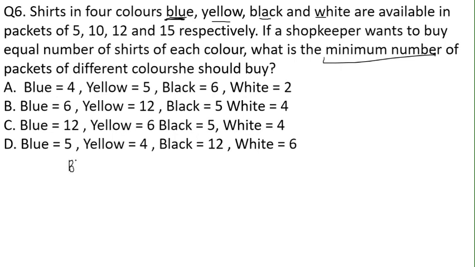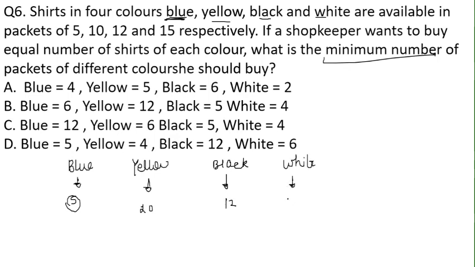The blue t-shirts come in packets of 5. The yellow t-shirt packets are 10, and the black t-shirt packets are 12. The white t-shirt packets are 15. So these are the number of t-shirts in the packets of each color given here.